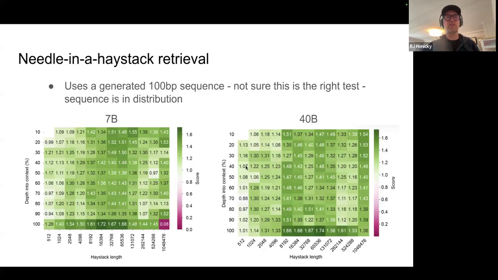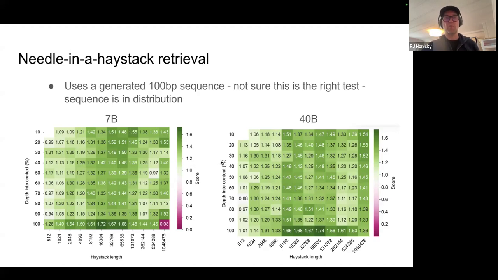And the way that they do this is they just stick a generated 100 base pair sequence somewhere in the context, at 10% and 20% and whatever, and then they perturb it and see how much that impacts the likelihood of the same sequence at the end of the context.